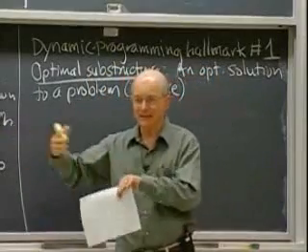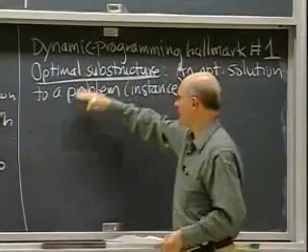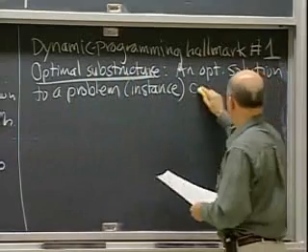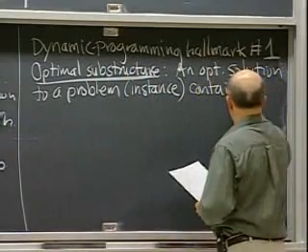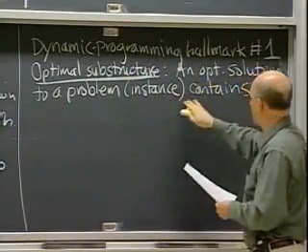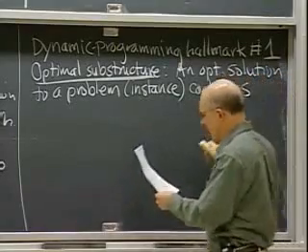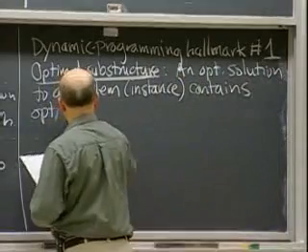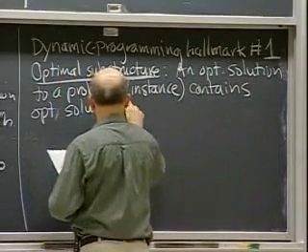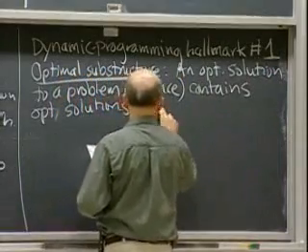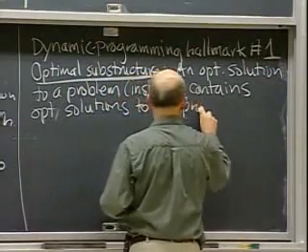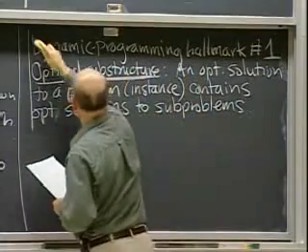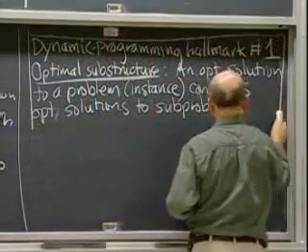A sorting instance is a particular input. So we're really talking about problem instances, but I'm just going to say problem. So when you have an optimal solution to a problem, it contains optimal solutions to subproblems.